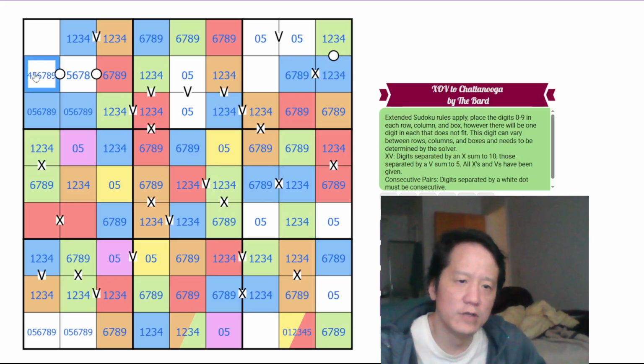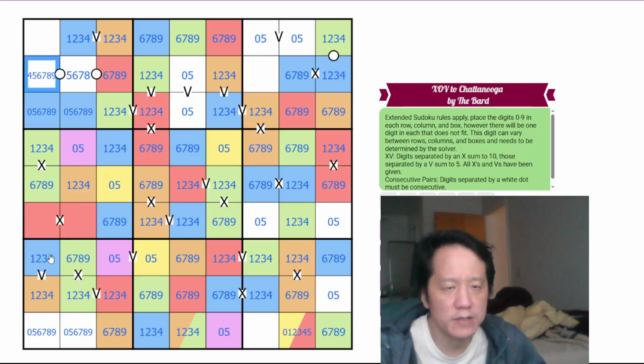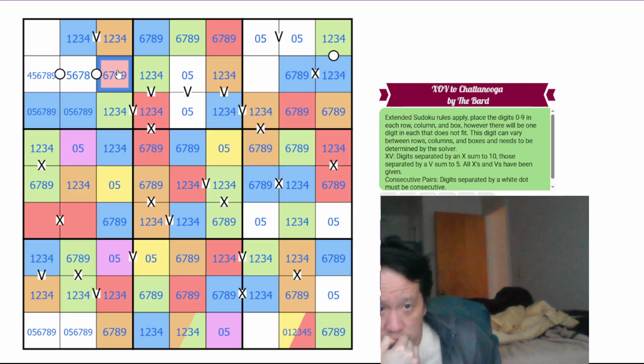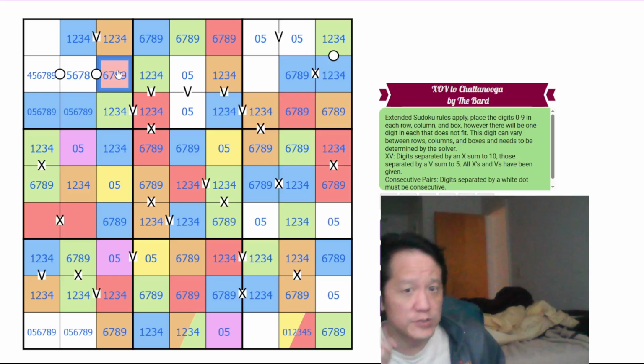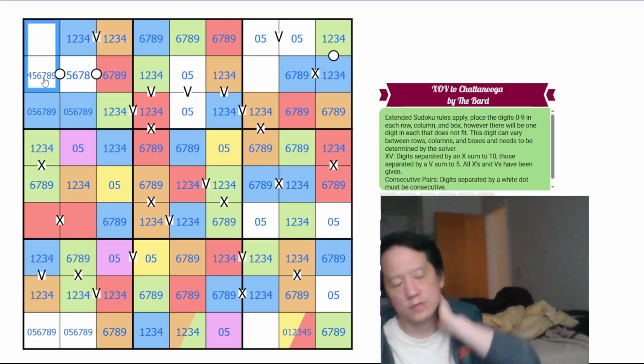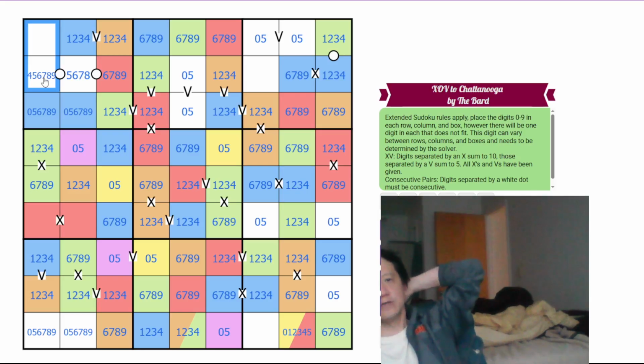This could be low 4 red, right? If this is 4 and it's low red, then this could be 5 and 6, and that's valid. So if there's a low red in box 1, it has to be one of those two. But there's not a guarantee that it has to be.